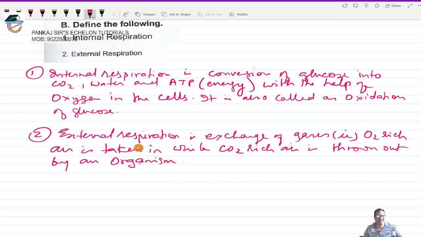This is external respiration. So this is the main definition of internal and external respiration. I don't want to write all the points. The main definition is okay. So that's about internal respiration and external respiration.